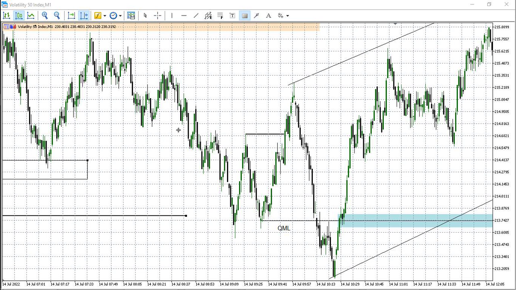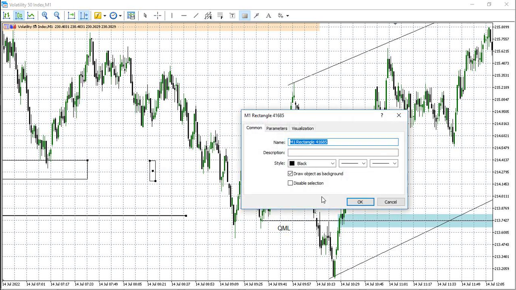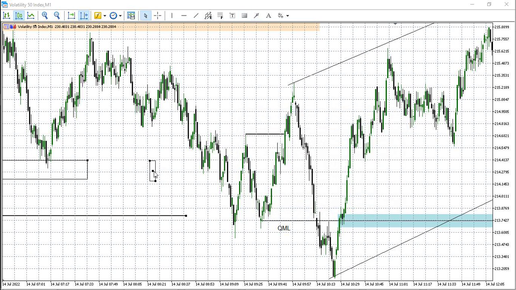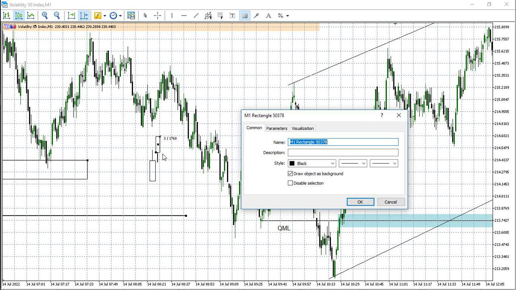So how do you find them? Just like we have this area here, then the market also did this here, and then we have another wick crossing it like this, and then we now have another bullish candle right here.